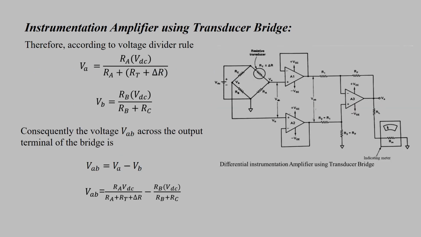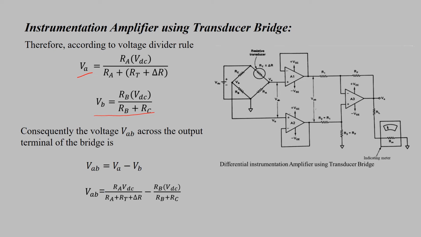Now we can write VA as RA over RA plus RT plus delta R into VDC, and VB we have already written, that is constant, that will be RB over RB plus RC whole into VDC.